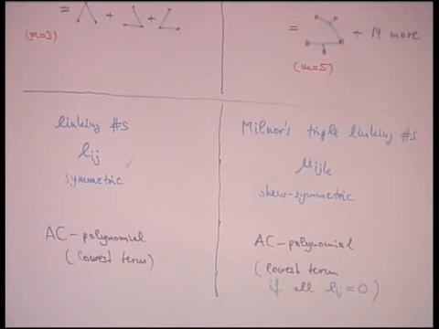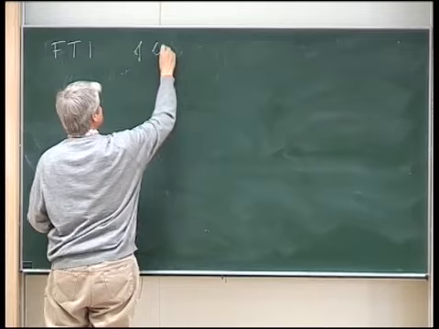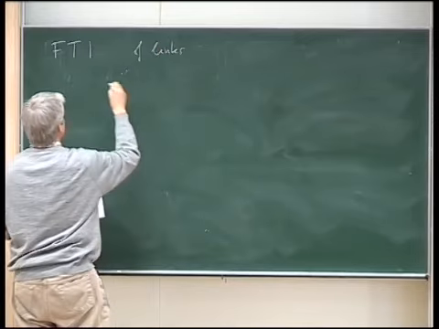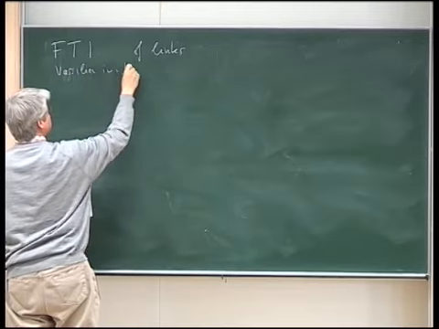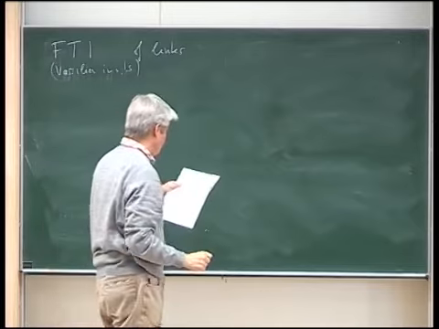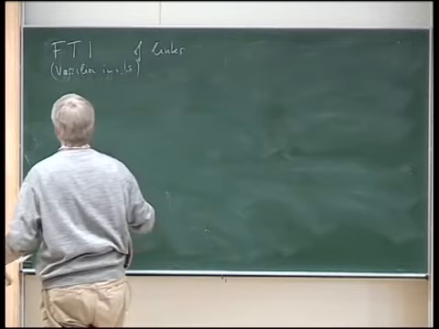So how to say this? So finite type invariance of links. So this is also Vasilyev invariance of links. Okay.